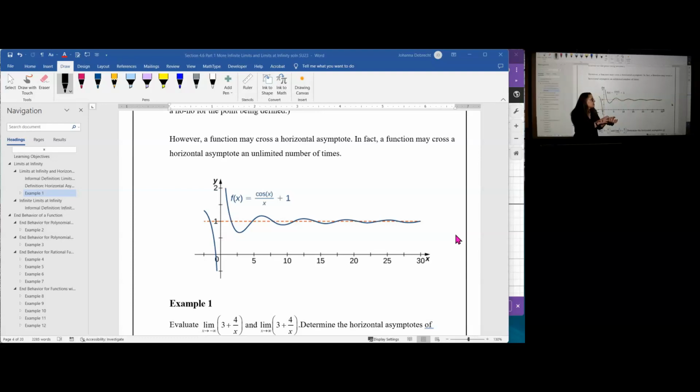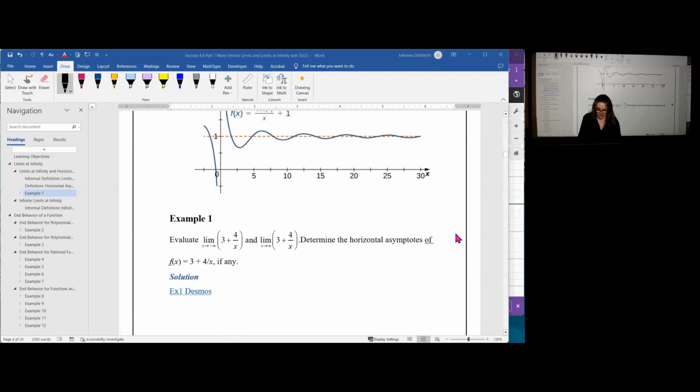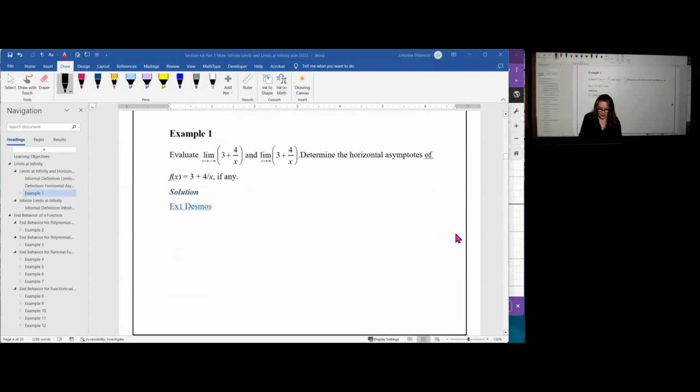We say that this is damped oscillation, meaning that it's decreasing in amplitude as it moves to the right. In some ways, I think of this as like a vine choking a tree and getting tighter and tighter around the tree. Let's now turn our attention to example 1 and see if we can apply what we've learned.